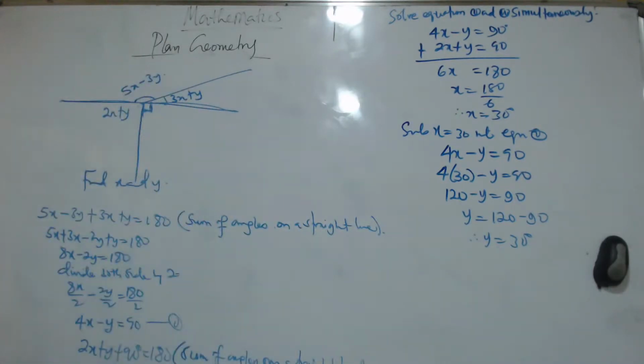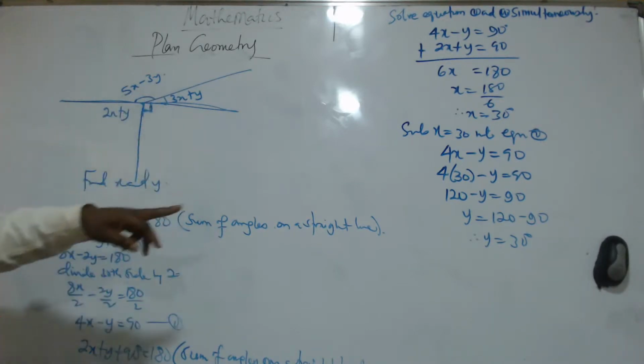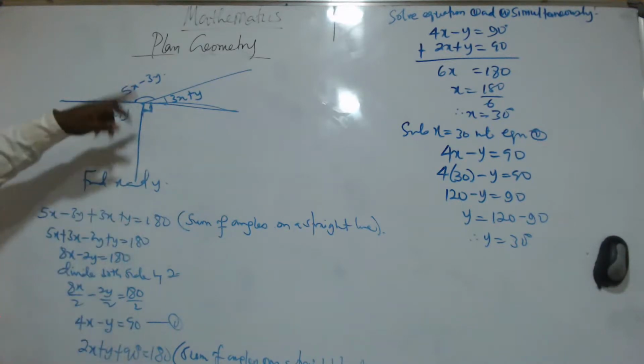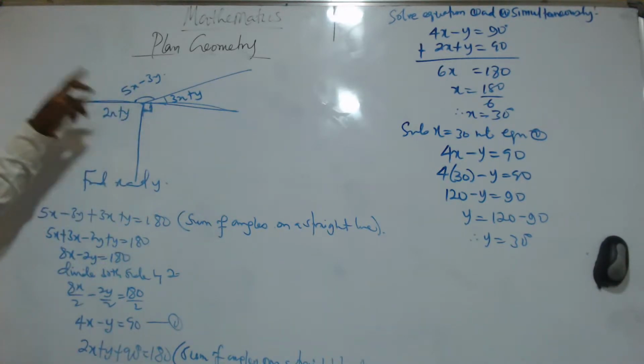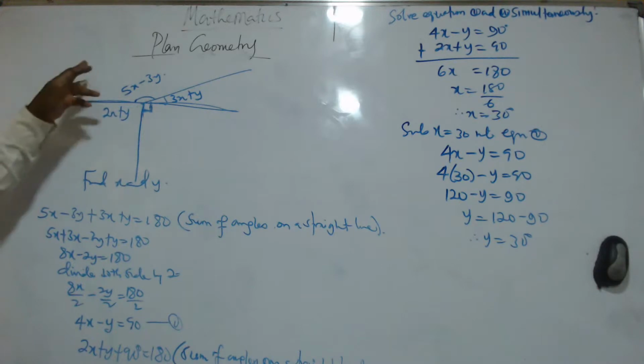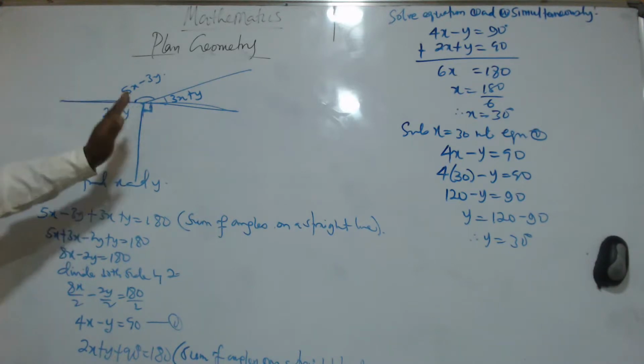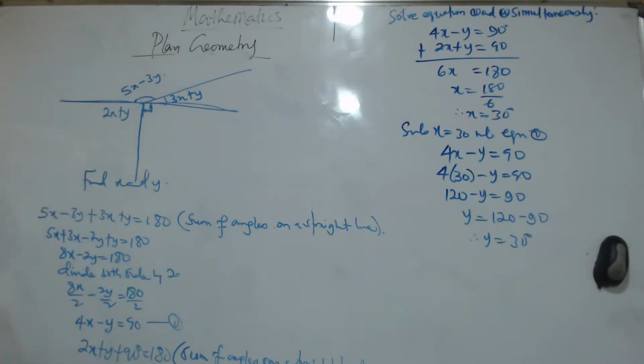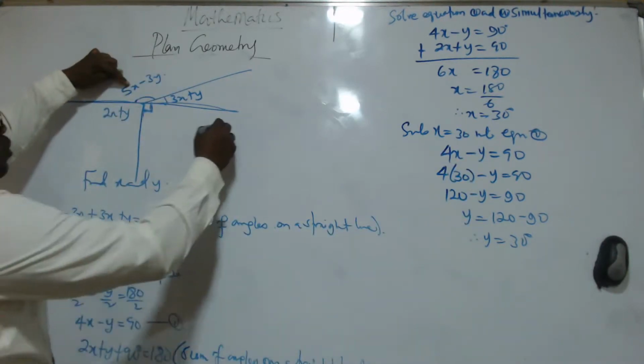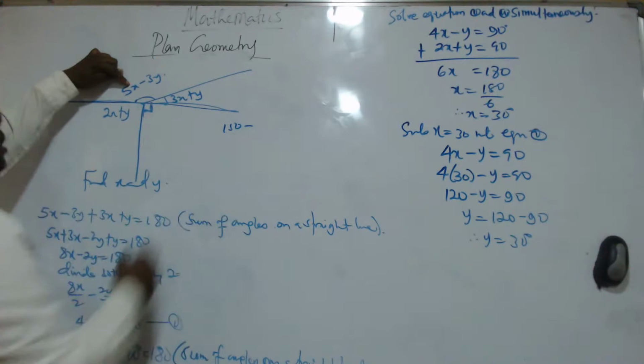Now see if our answer is correct. We said everything at a point is 360 degrees. So by the time we substitute our values for x and y, everything we're going to get here must be equal to 360. So once we don't have 360, that means our answer is wrong. Now here, our x is 30. 30 times 5, we are going to have 150 minus.